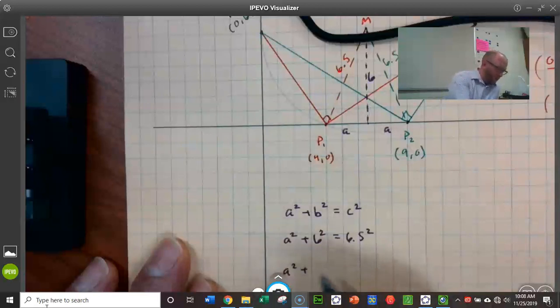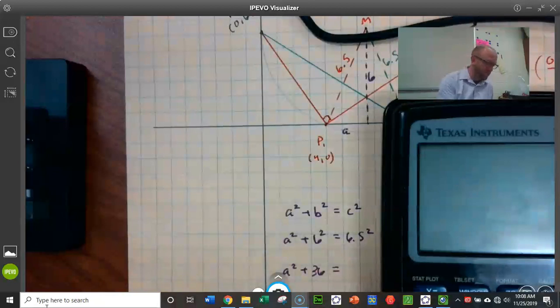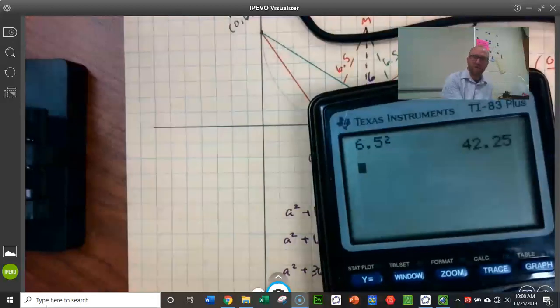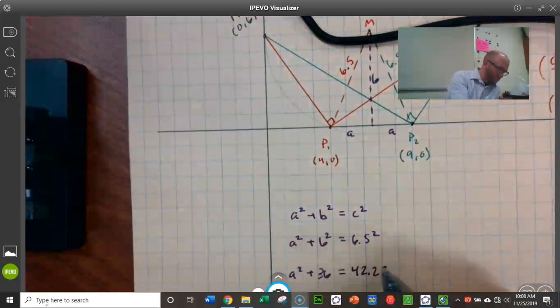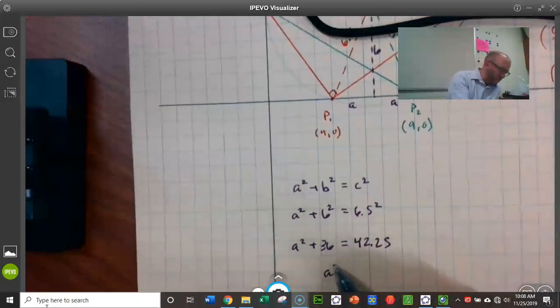So A squared plus 36 equals, get my calculator out here. 6.5 squared is 42.25. So I'll subtract 36 from each side.